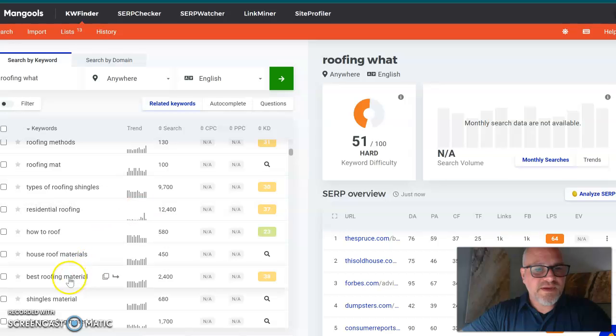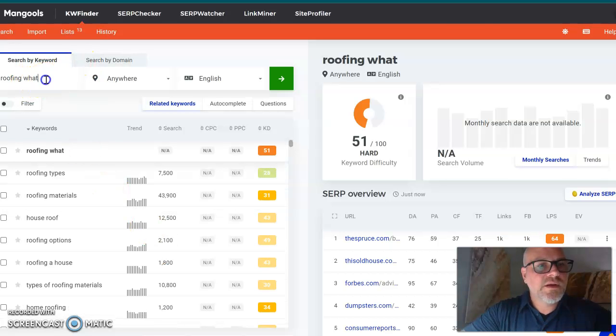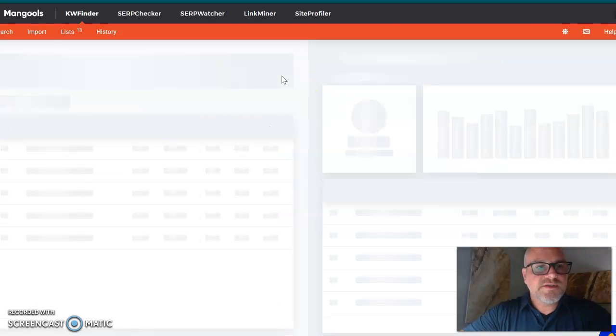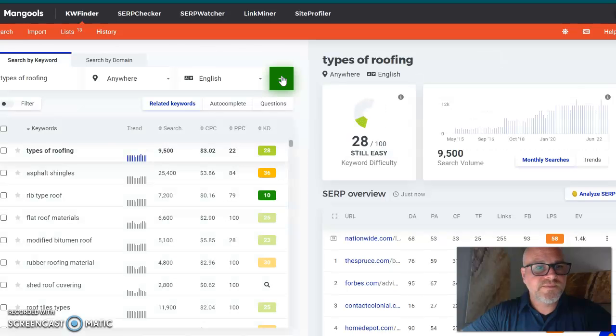Not always the best. Oh, yeah, that's a good one there. All right, let's go a little more specific. Types of roofing. That's kind of where we were leaning, so let's just lean into it a little harder.